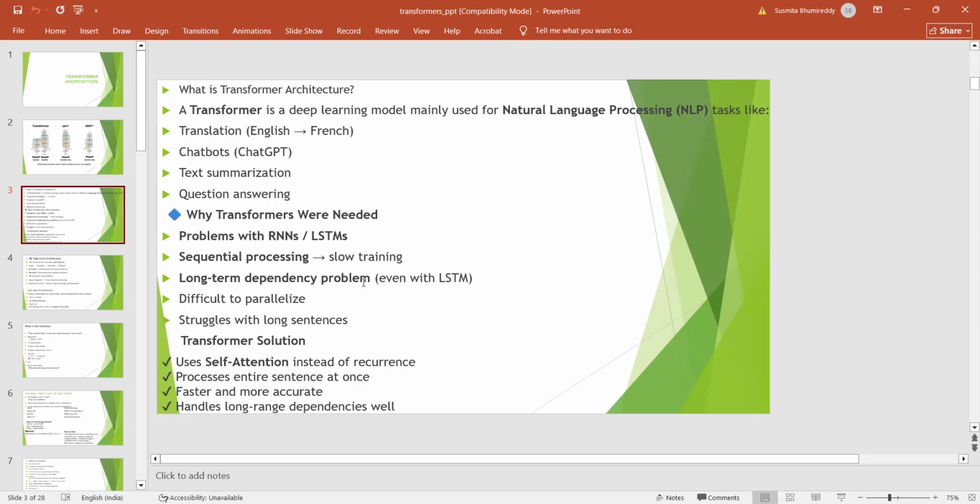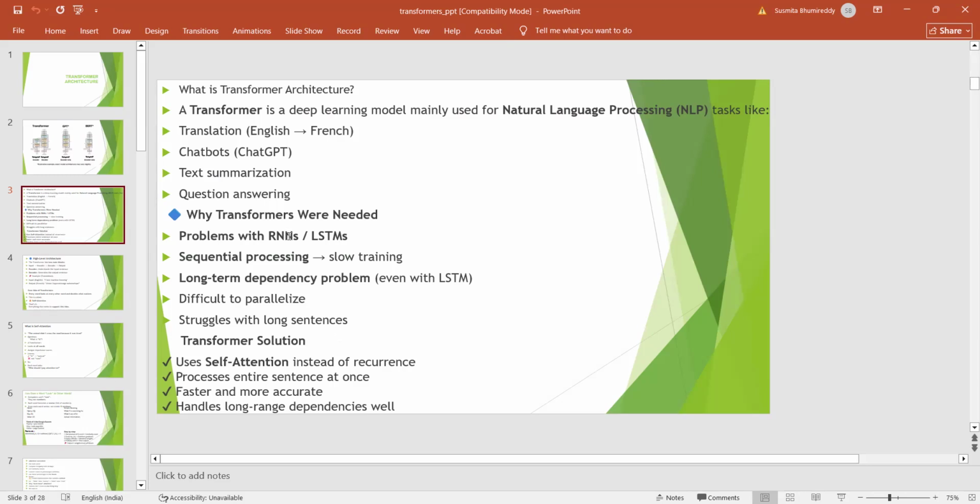As I said, if we have a long sentence, by the time it reaches the end of the sentence, it will forget all the earlier data. It is difficult to parallelize, since it reads only one word at a time, and it struggles with long sentences. So these are all the drawbacks.